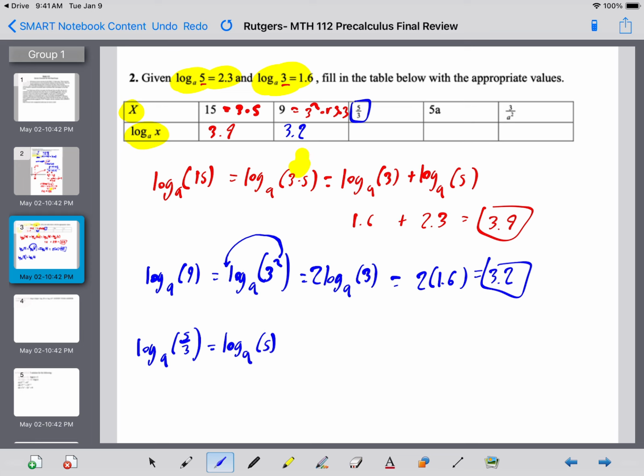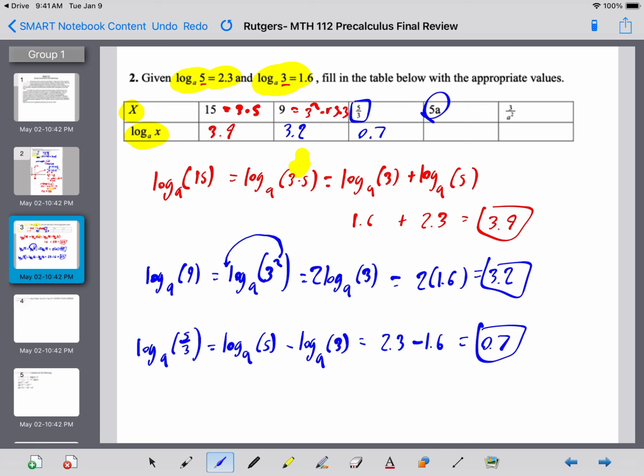It has to start with the numerator, and then you subtract the log with the same base of your denominator. So now I have 2.3 minus 1.6. This is called your quotient law. So 2.3 minus 1.6 is 0.7.